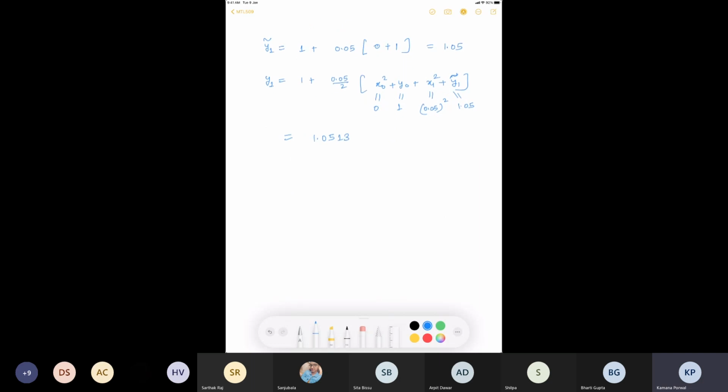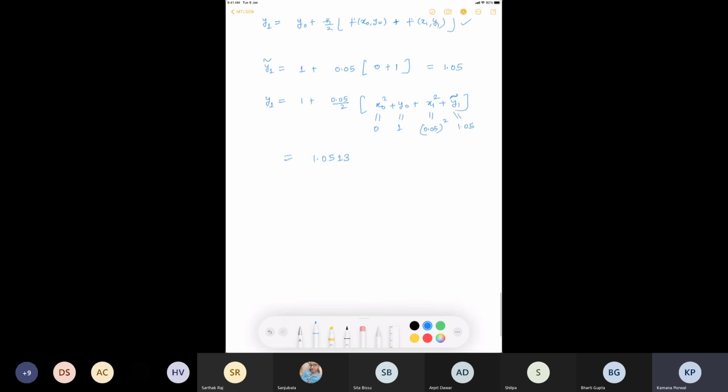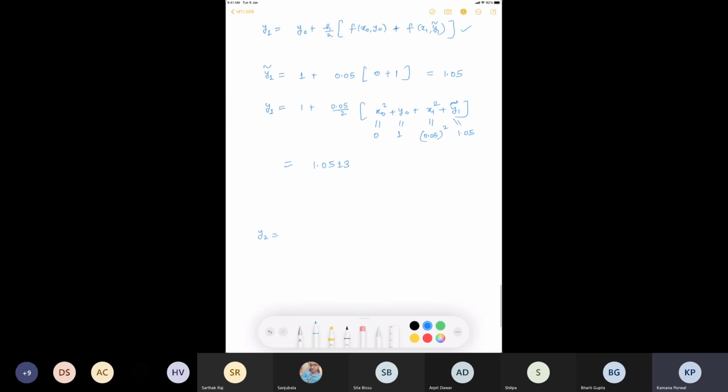So now I have found y1, but what is our interest? We want to find the approximation of y at 0.1. So I'm going to compute y2 using y1, again using Heun's method. So y2 is going to be y1 plus h by 2 times f of x1, y1 plus f of x2, y2 tilde, and y2 tilde I'm going to compute using Euler's method, which is y1 plus h times f of x1, y1.